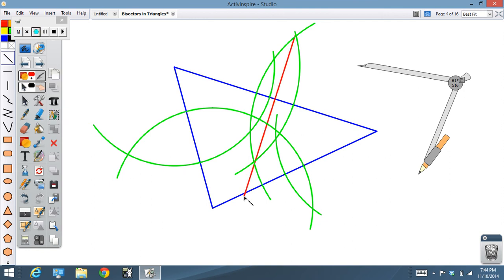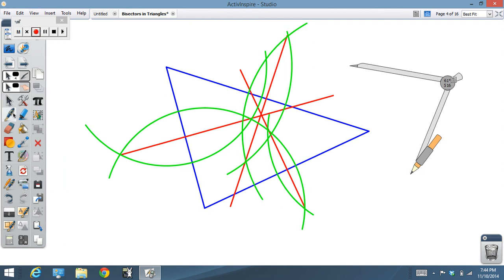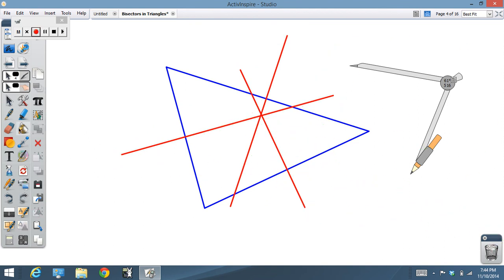Okay, one perpendicular bisector, two perpendicular bisectors, three perpendicular bisectors, and if I did it right, they will all meet at one point, proving our theory here that the perpendicular bisectors of all the sides of a triangle are concurrent.